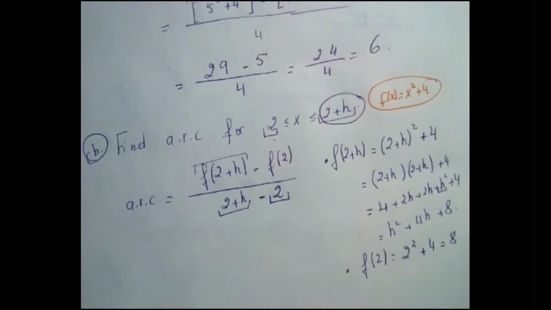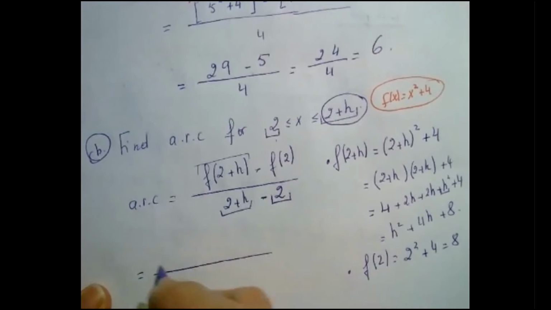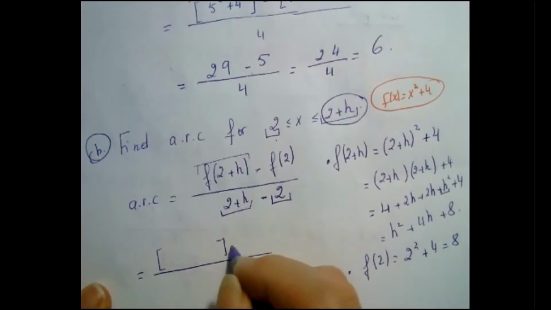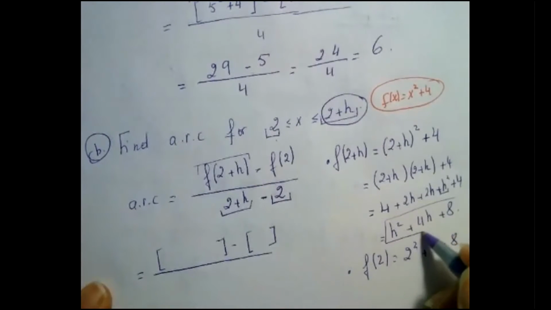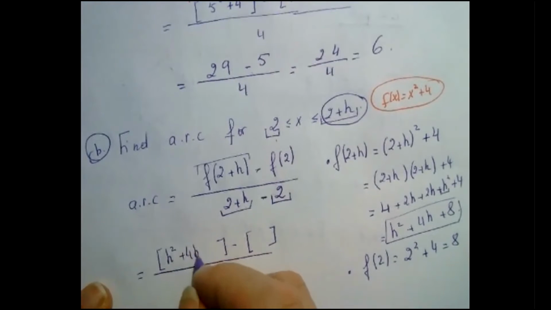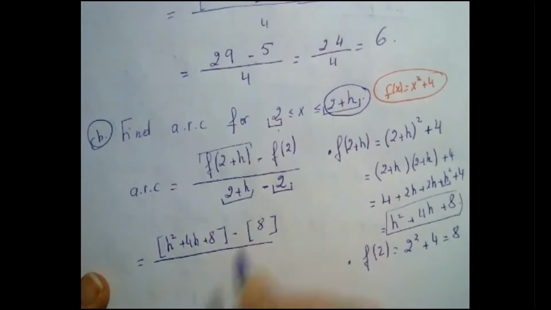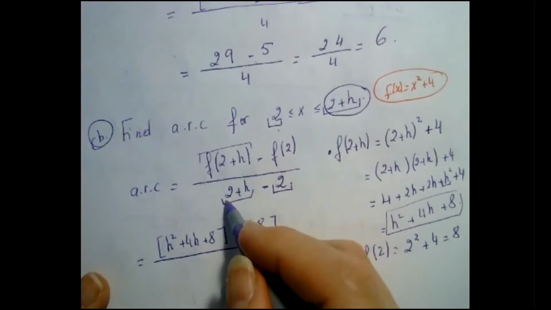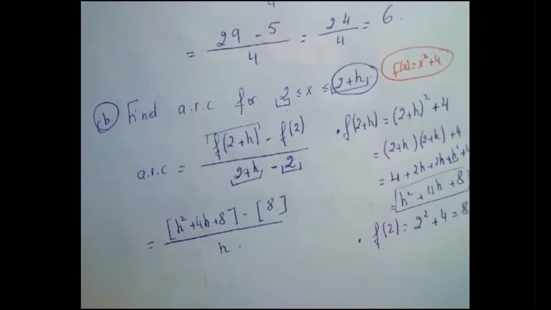So this is a pure symbolic approach. It's going to give me minus: f of 2 plus h is h squared plus 4h plus 8. f of 2 is 8. The denominator, 2 plus h minus 2, gives me an h.